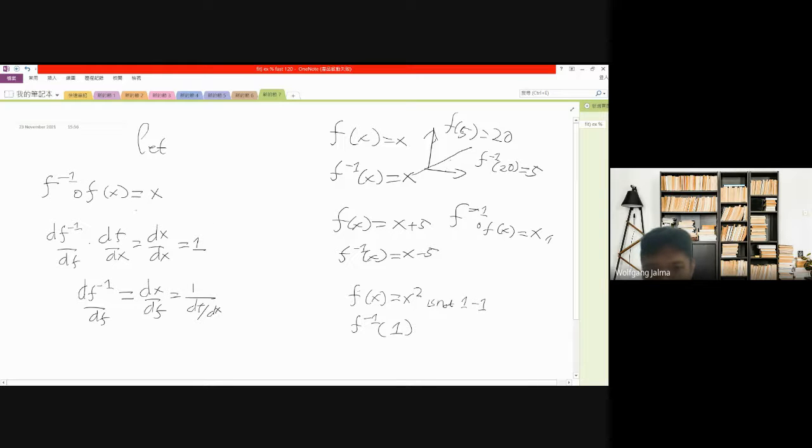But if we ask what is the derivative, we can say that df dx at 1 is 2 times 1, because df dx is 2x, right? Equals 2. So the derivative of f inverse equals 1 over 2, half.